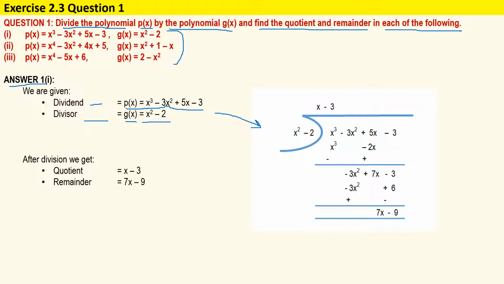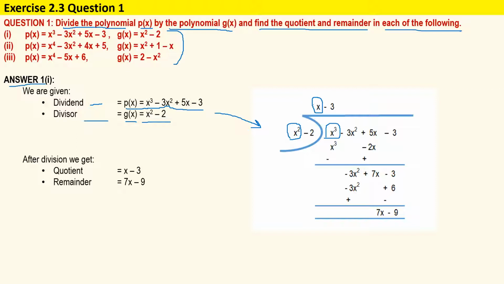Our first step is that we take the highest degree term of the dividend, which is x³ in our case, and then we divide it by the highest degree term of the divisor, which is x². Based on this division, we get the term x, which is the first term of the quotient.